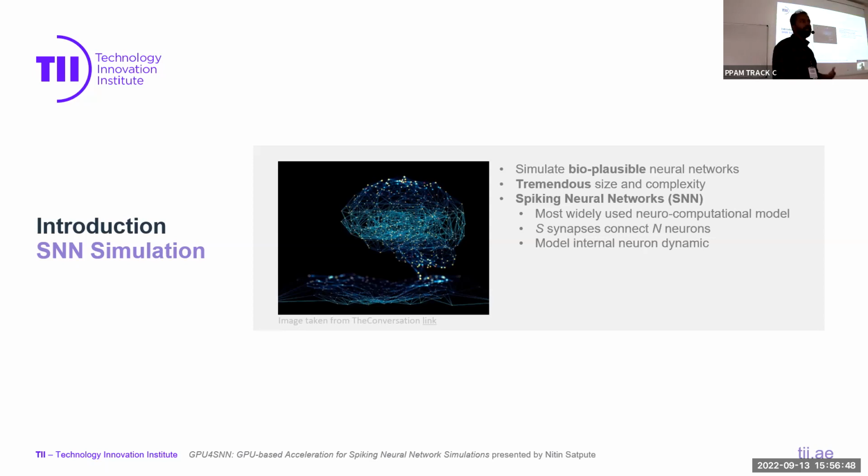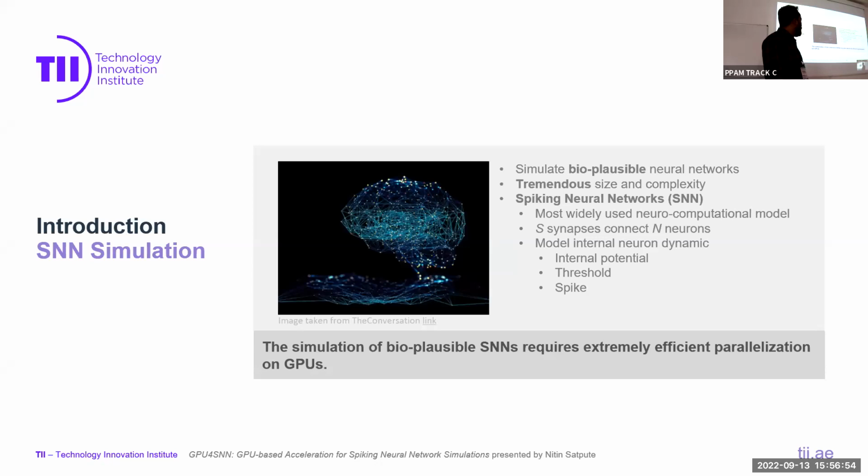These models can vary, and based on these models, we'll get different outputs. But as I mentioned, this is a more complex network, so definitely it requires highly parallelized hardware. Right now we don't have anything dedicated to simulate SNNs, and SNNs are basically event-based operations. So based on the available hardware, we are trying to achieve as much parallelism as we can.